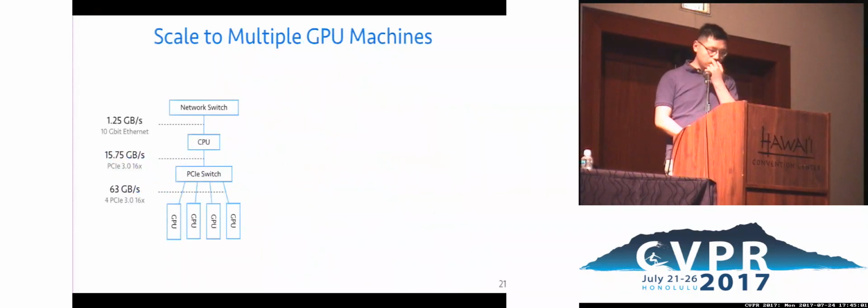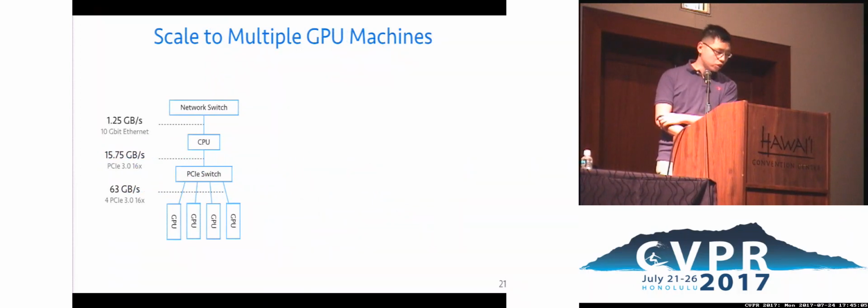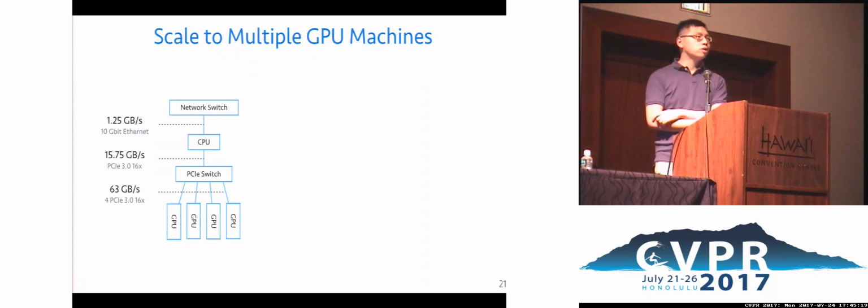A key thing we found, which I should briefly mention, is that local GPU to GPU communication is fast, but communication is much slower from GPU to CPU, and from CPU to another machine over the network. So you can see there are 3 hierarchies here.